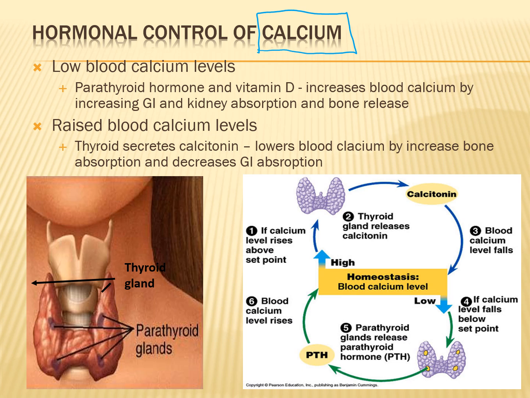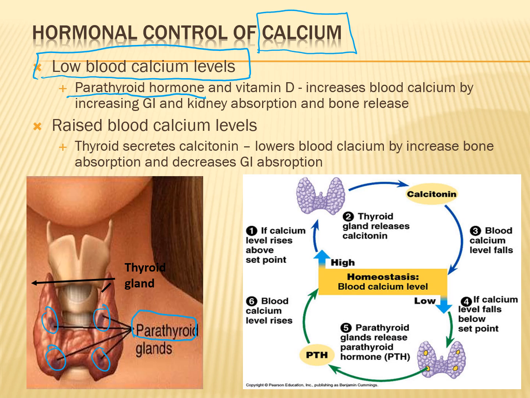As soon as blood calcium levels begin to drop, so if you have a low blood calcium level, a hormone called parathyroid hormone is released from these little glands that usually you have four of. They're called parathyroid. Para means around, and they're small glands that are attached to the thyroid gland, and they produce parathyroid hormone.